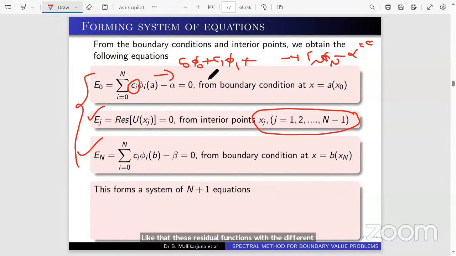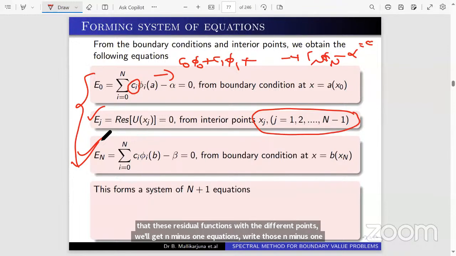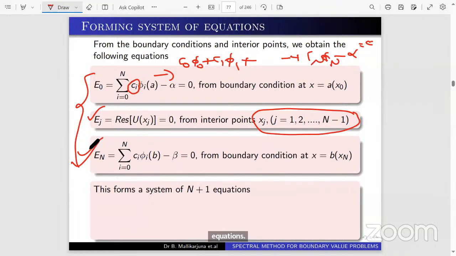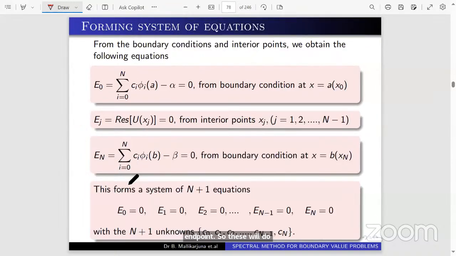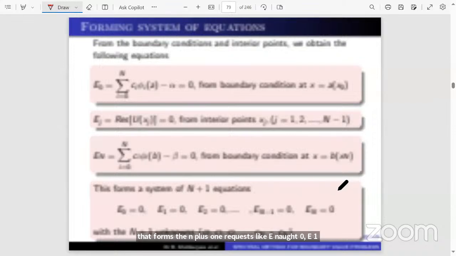Write those n minus 1 equations along with the last equation which is defined at the other end point. So these will give n plus 1 equations like E0 0, E1 0, E2 0, En 0. Like this.